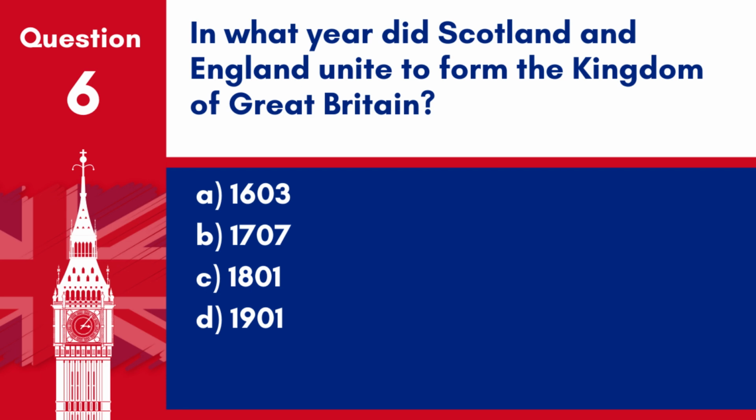Answer: B. 1707. Scotland and England united to form the Kingdom of Great Britain in the year 1707.